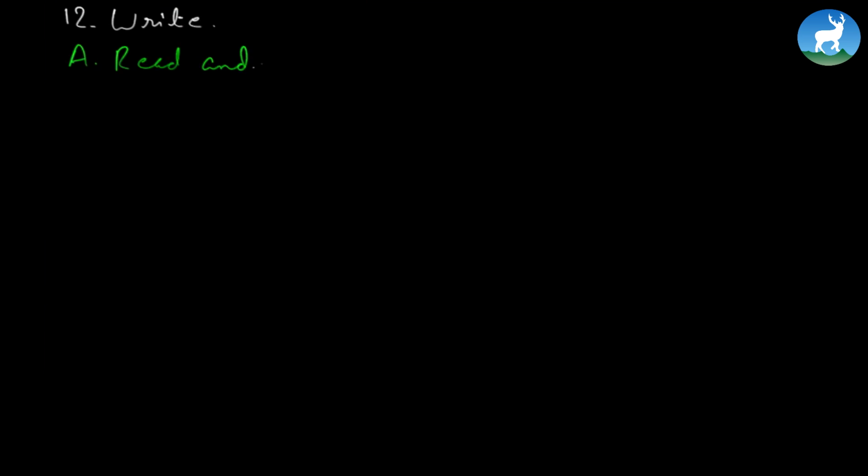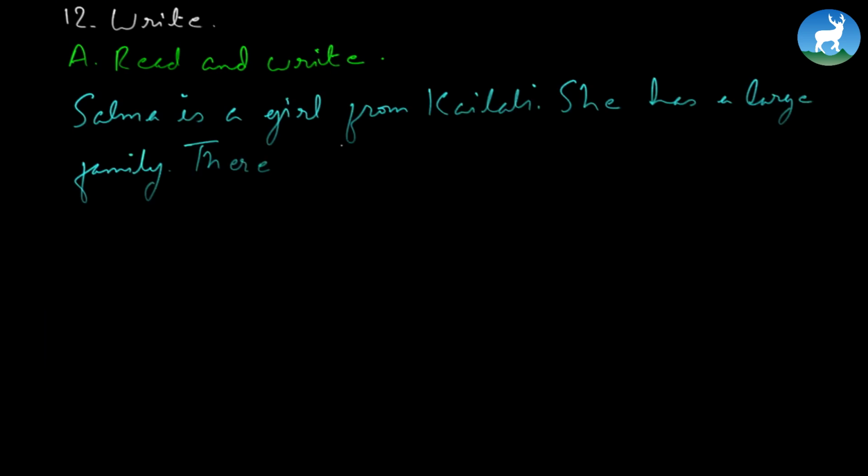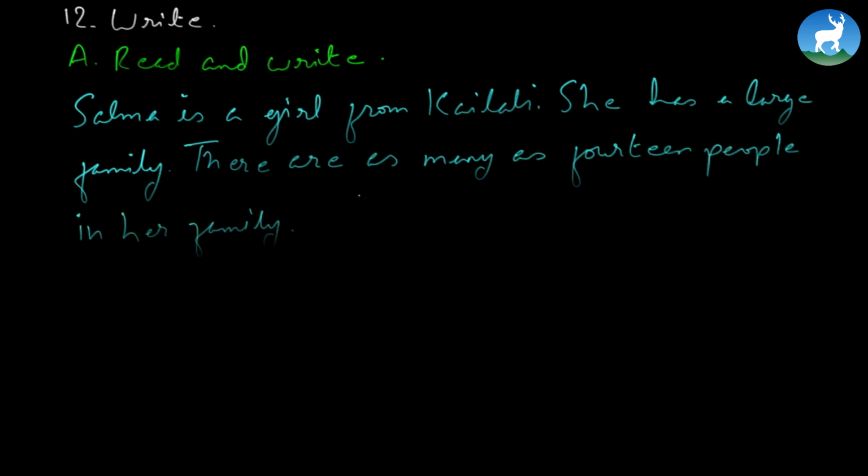Number A. Read and write. Now here's a passage or a paragraph given in the book, which I'm going to copy now. Salma is a girl from Kailali. She has a large family. There are as many as 14 people in her family.